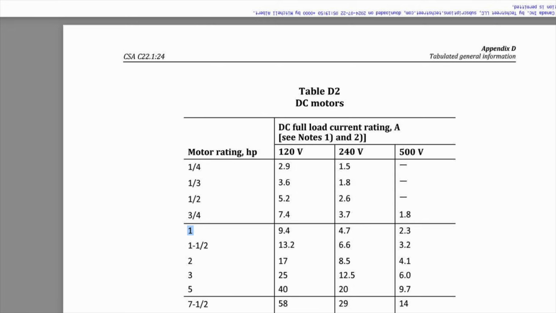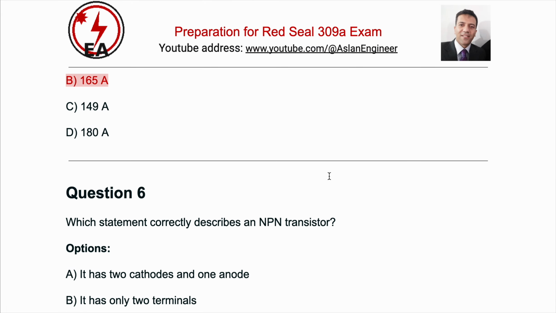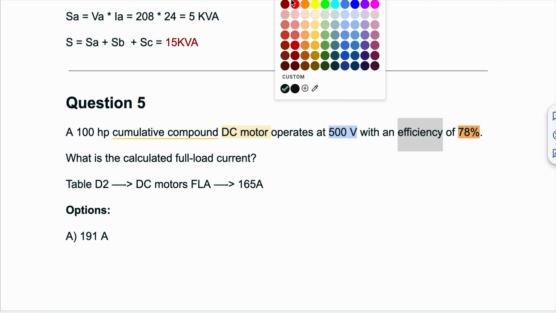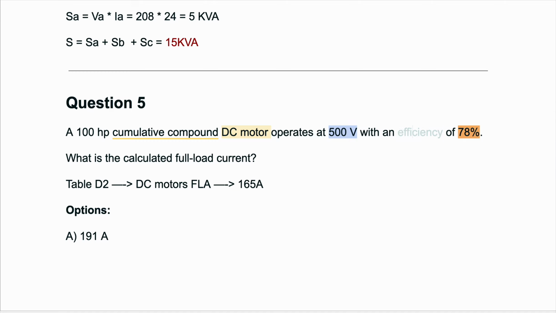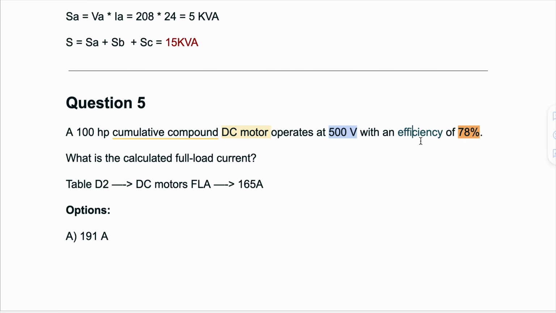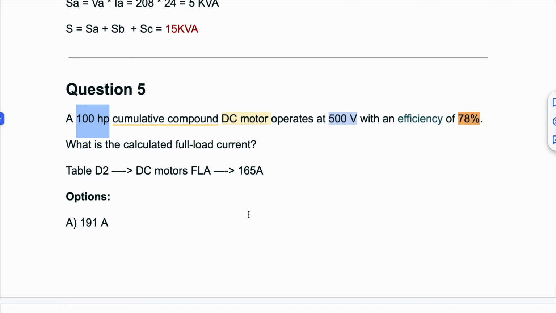And in this question, when they give you the efficiency of the motor, 78% efficiency, and you also have the voltage and the horsepower of the motor, you can calculate this without using this table.